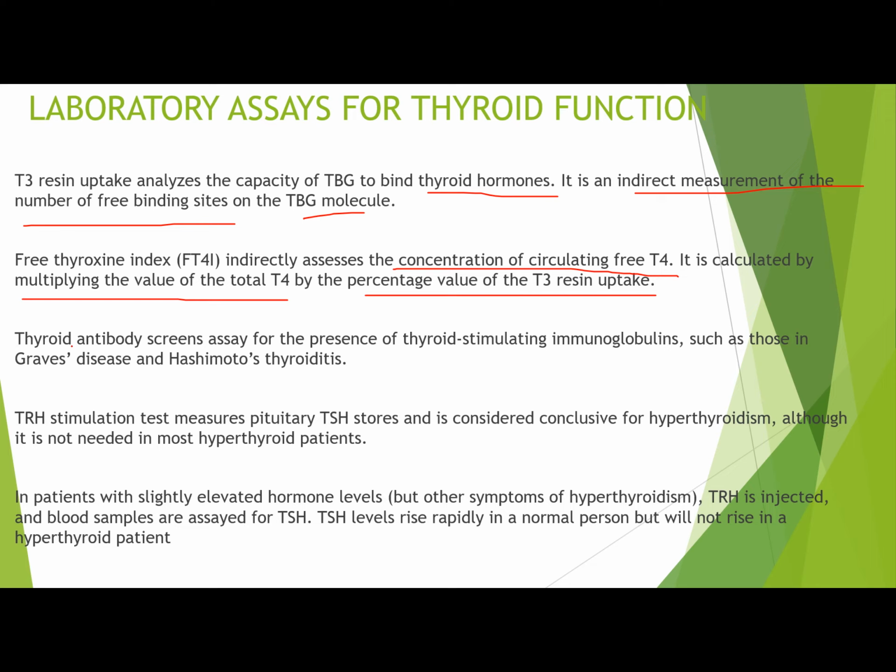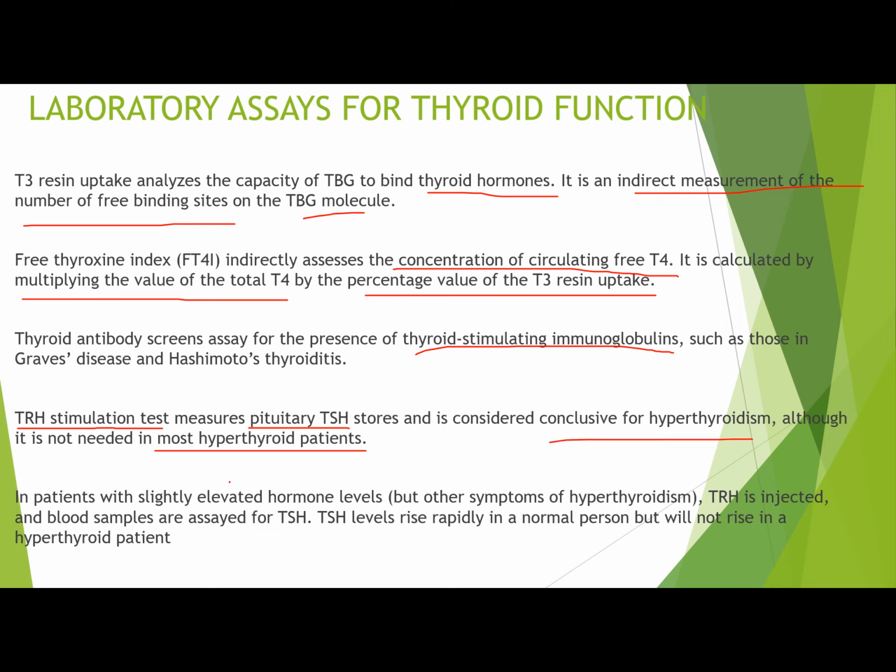Now, thyroid antibody screen assays for the presence of thyroid stimulating antibodies, such as those in Graves' disease and Hashimoto's thyroiditis. Then we have your thyrotropin releasing hormone stimulation test, which measures pituitary TSH and is considered conclusive for hyperthyroidism, although it is not needed in most hyperthyroid patients.